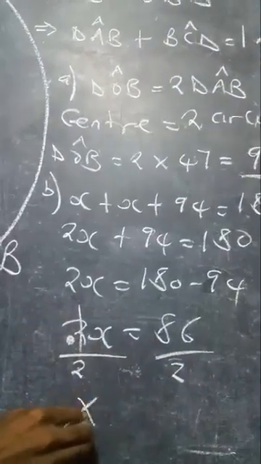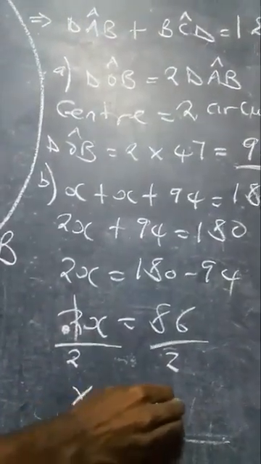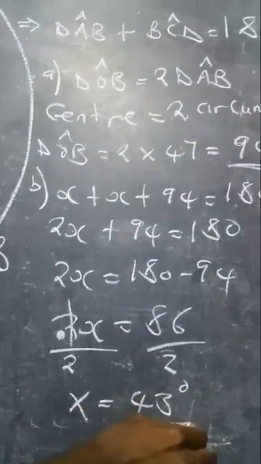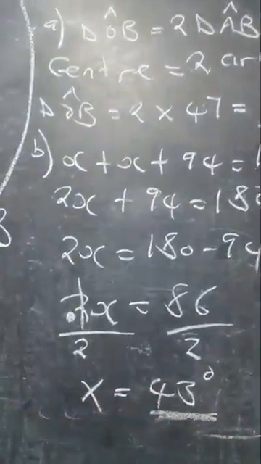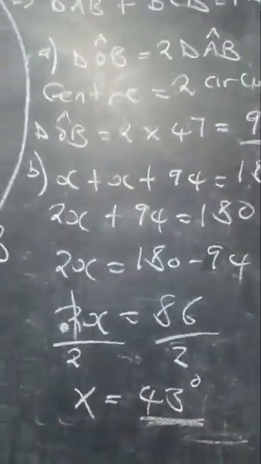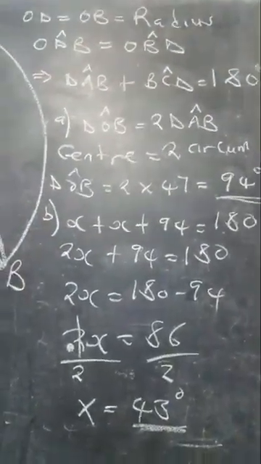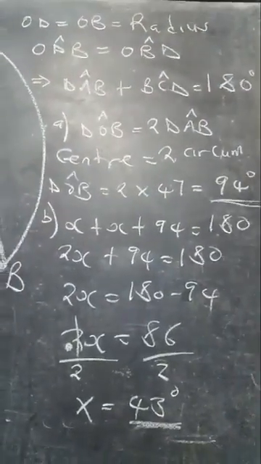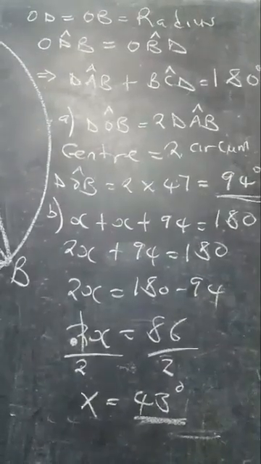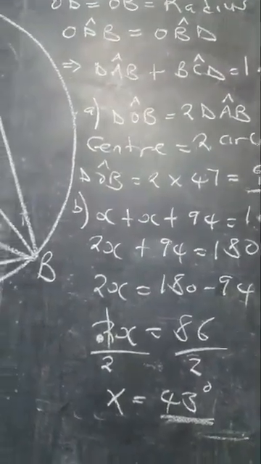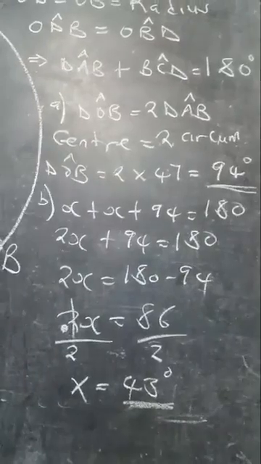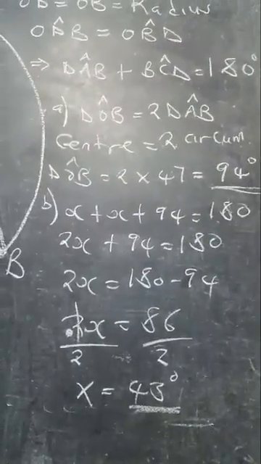That means x is equal to 43 degrees. Angles OBD and ODB are both 43 degrees.